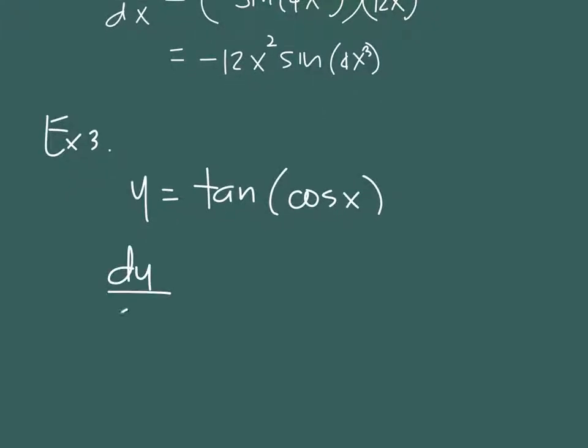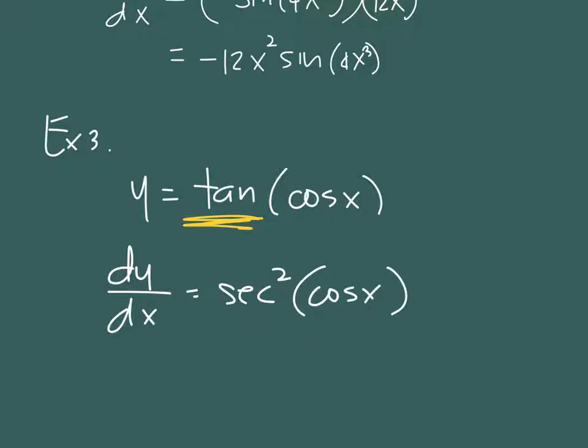dy dx is, diba, focus on the tangent. This is what you are trying to get. Derivative of tangent is secant squared. So just write secant squared, but inside is cosine x, and then the tail end of the derivative is, so times negative of sine x.